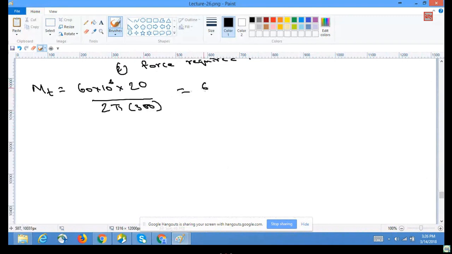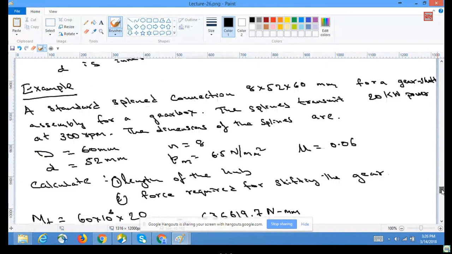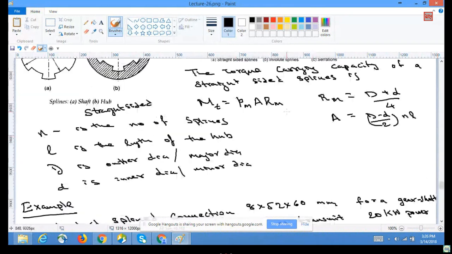So it gives 636,619.7 Newton mm of torque. And then using our equation, which we just presented, we can calculate the length required by substituting the corresponding values.